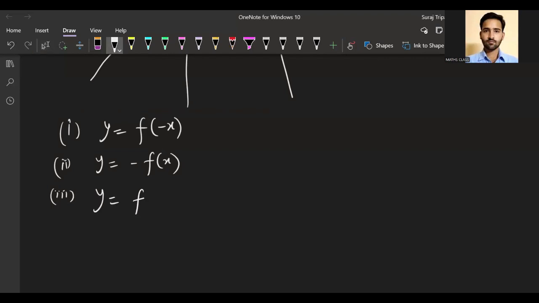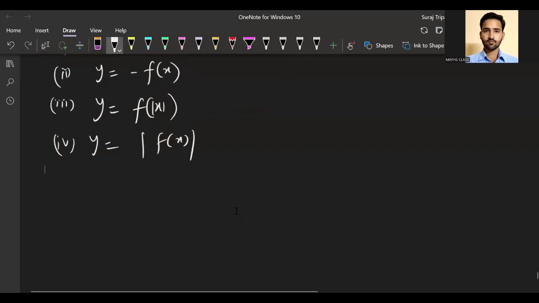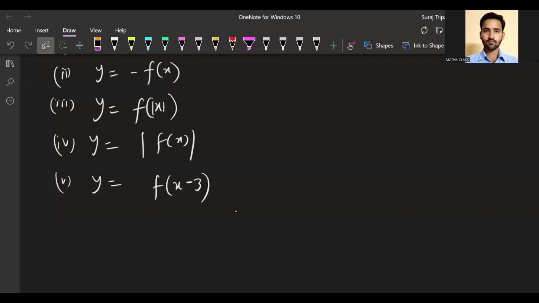Y equals to f of mod x. Y equals to mod of f of x. Fourth. Fifth, y equals to f of x minus 3. Write down these things.